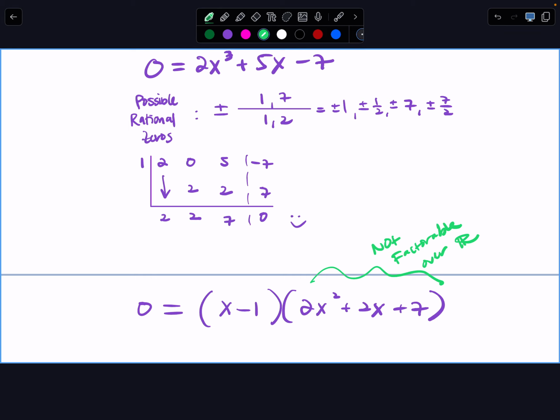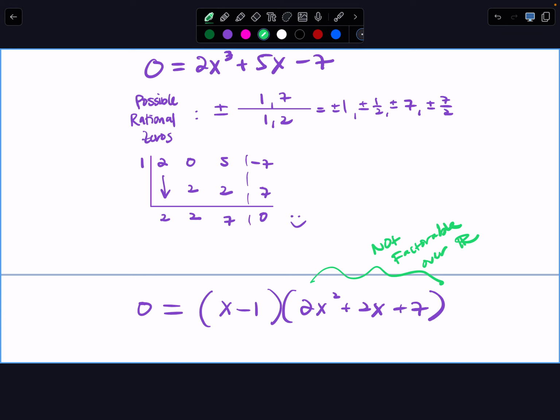So you put the factors of the constant over the factors of the leading coefficient, and then all of those different combinations. So 1 over 1, 1 over 2, 7 over 1, 7 over 2. This was chapter 2 of pre-calculus.